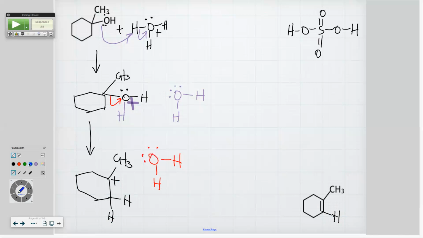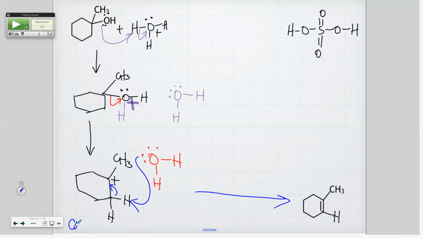Because this thing is positive, these hydrogens are easy to remove. So the water is going to grab that proton and the electrons in that CH bond are going to go down there and make your double bond. Okay, and that's how we end up all the way over there. Okay, so this is our carbocation.